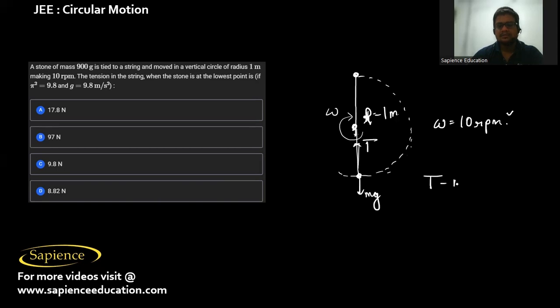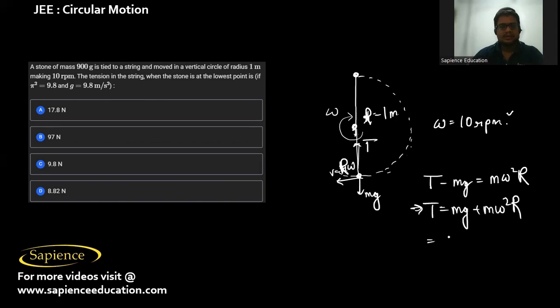So you can say T minus mg, here the velocity will be equal to r omega. So T minus mg is equal to the centripetal force, which is m omega square r. So the tension will be equal to mg plus m omega square r.